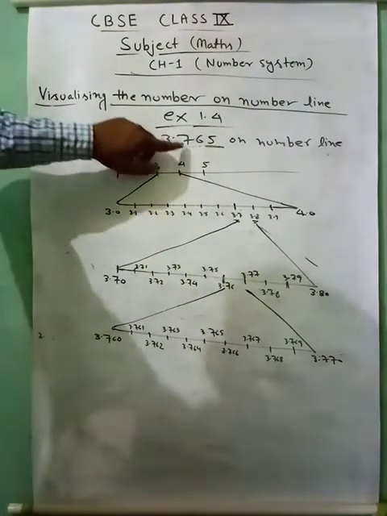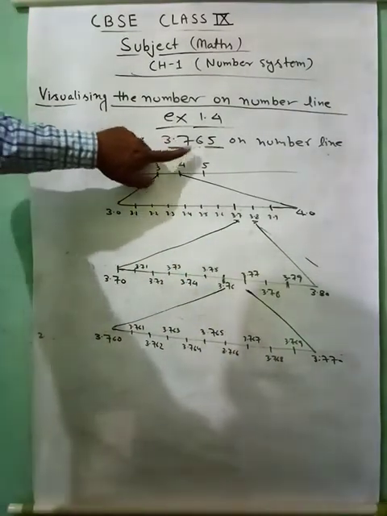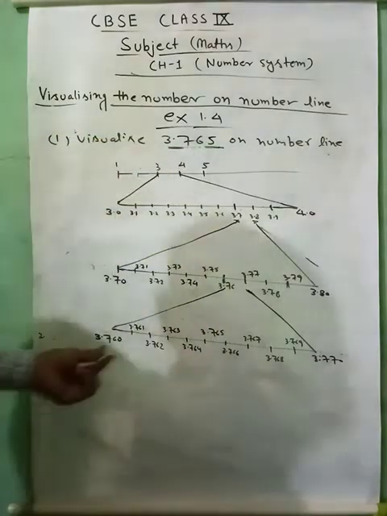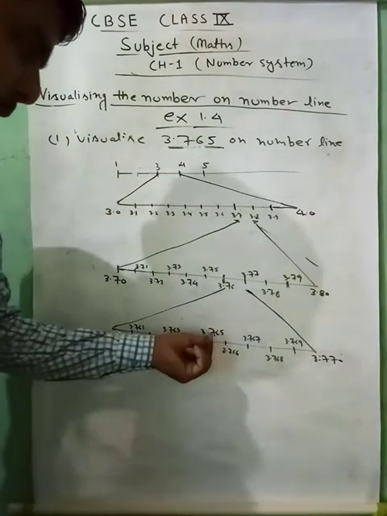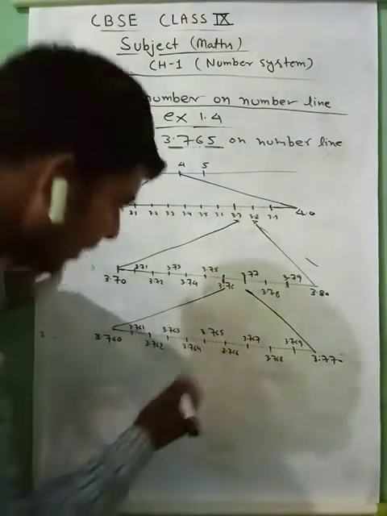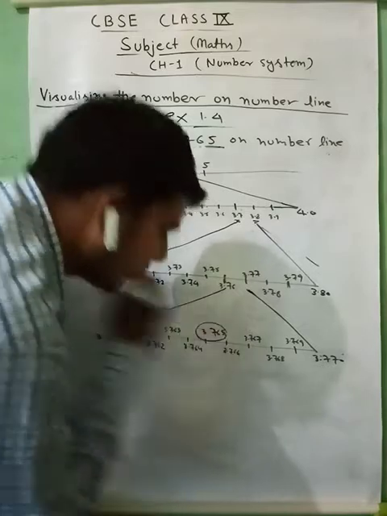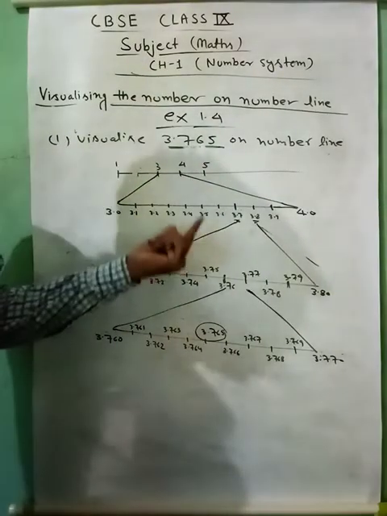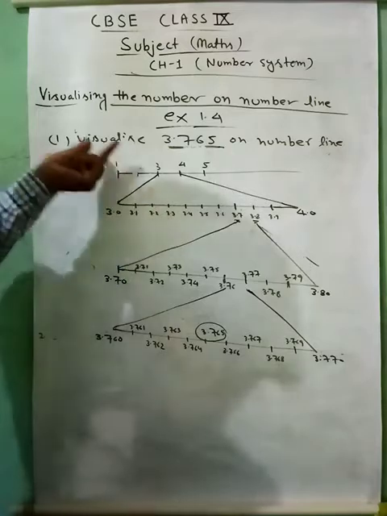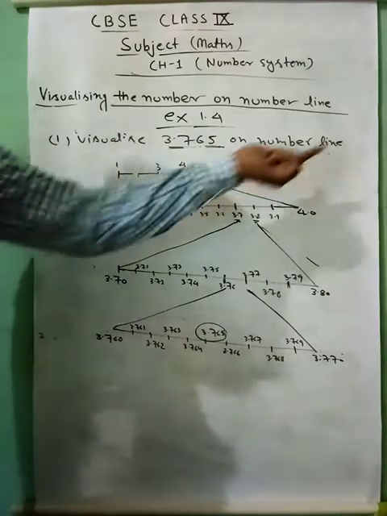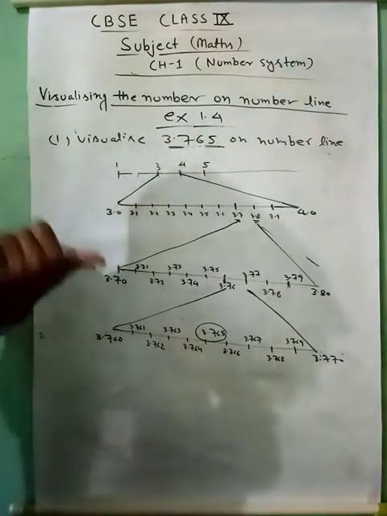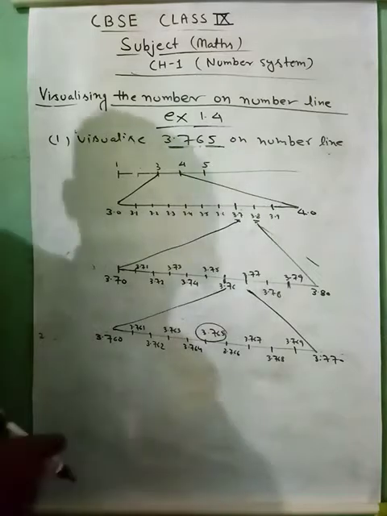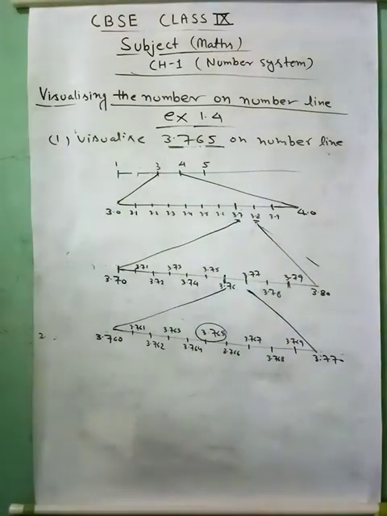We see it is 3.765. Where it is 3.765, that is our number. Clear? Using this method we can represent any decimal number on the number line.